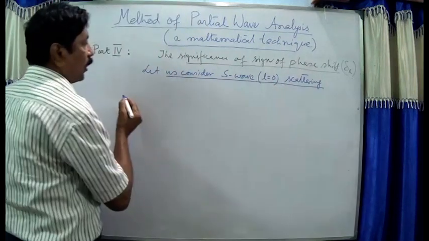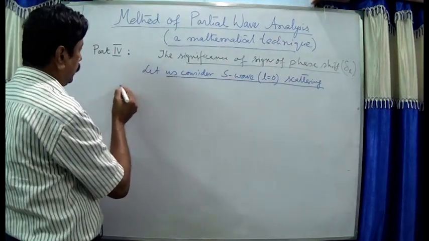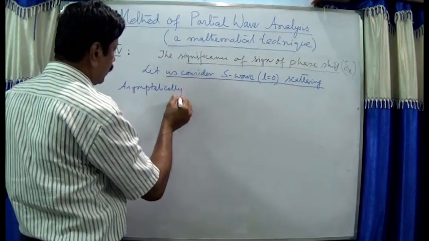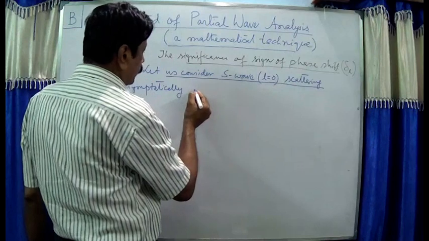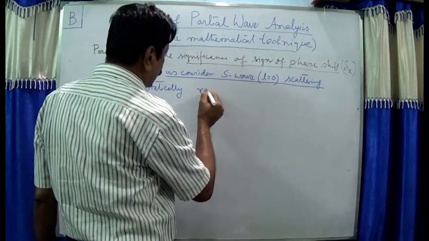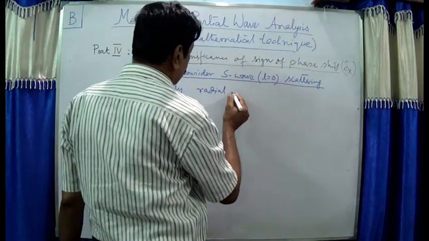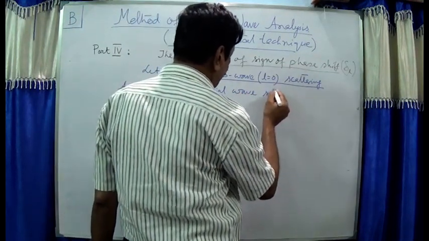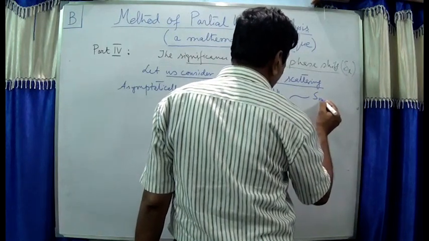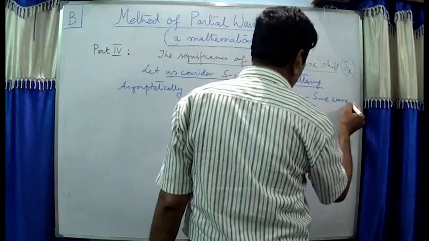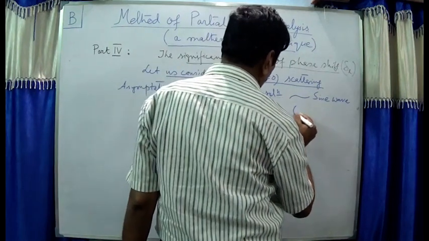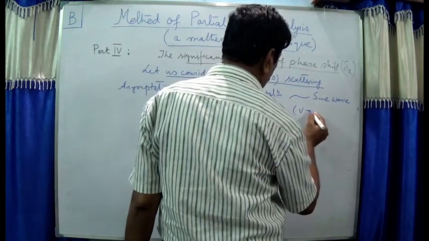We all know that asymptotically our solution of radial wave equation, so radial wave solution, is almost a sine wave, when V equal to 0.